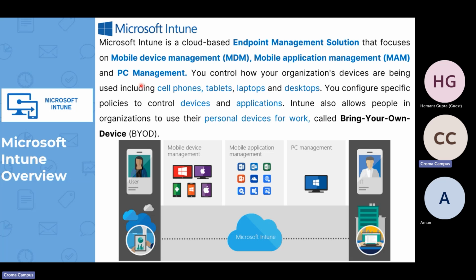That comes under PC management, which we also call modern PC management. So you control how your organization's devices are being used, including cell phones, tablets, laptops and desktops, and you configure policies to control such devices and applications.